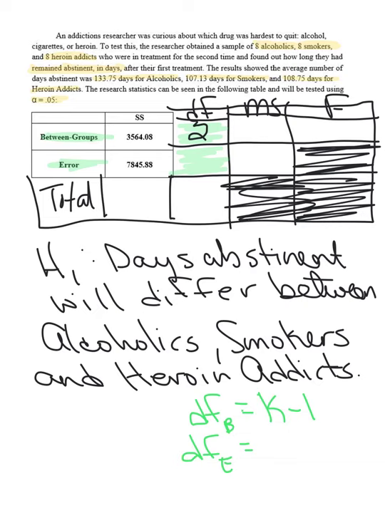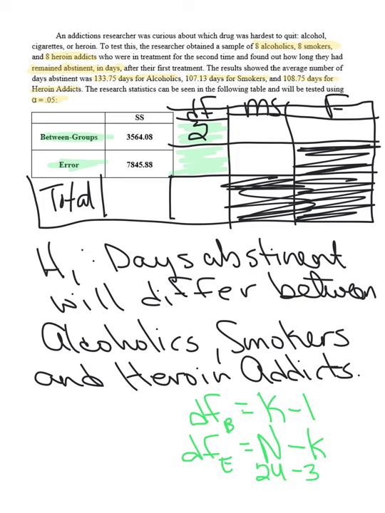So to get the degrees of freedom error, it's capital N minus K. Now in this case, capital N is 24 because if we have 8 alcoholics, 8 smokers, and 8 heroin addicts, we add those 3 up, and that's 24. So we have 24 minus, and if you remember, K is 3.